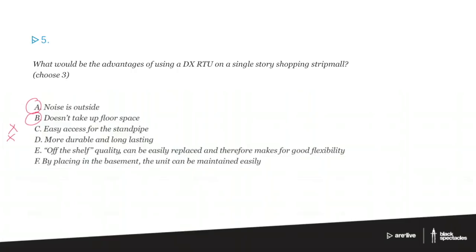How about E? Off-the-shelf quality can be easily replaced and therefore makes for good flexibility. That's absolutely true. One of the great things about having, on a simple one-story building like this, a RTU, especially a DX RTU, is that it's all sort of self-contained.